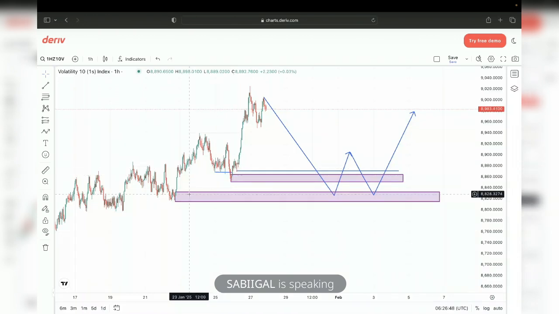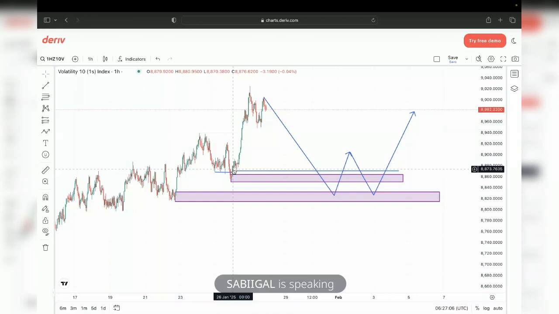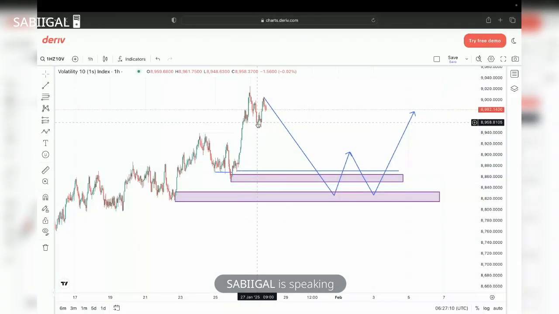Then you would have taken it as the other entry model of sweep and break of structure. But for the fact that it happened at the inducement, it is just giving us this structural liquidity to engineer price, the nearest to this demand zone.